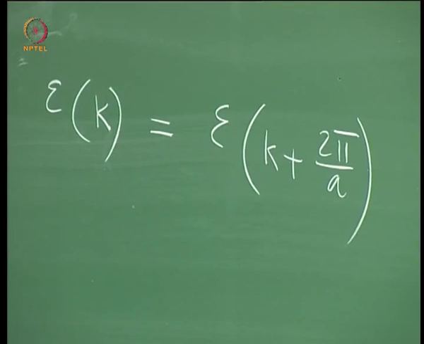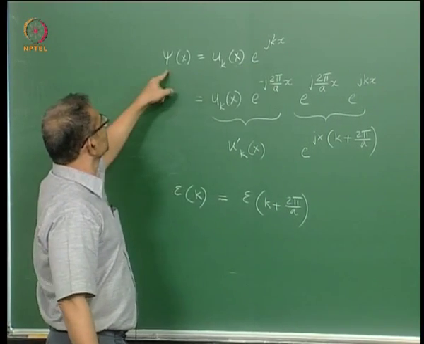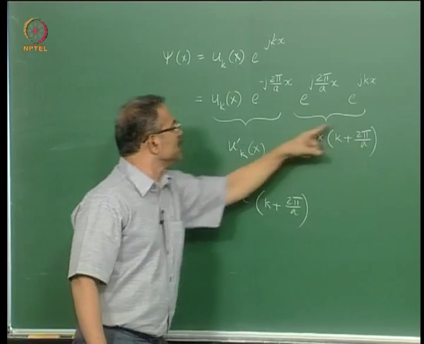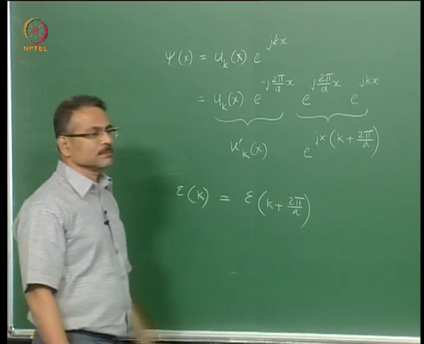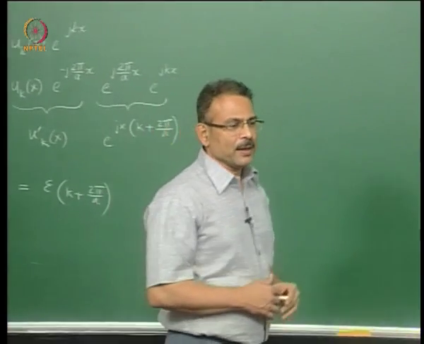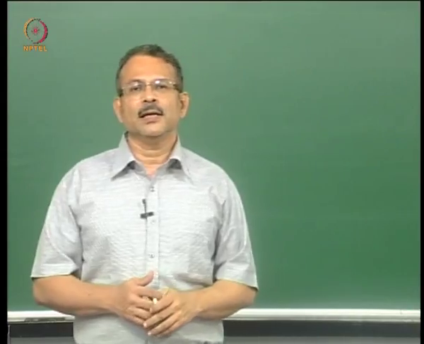So, this part is the energy associated with this function, where you have k, and this part is the energy associated with this function, where you have k plus 2 pi by a here. So, this is how we derive the condition that E is a periodic function of k with periodicity 2 pi by a.